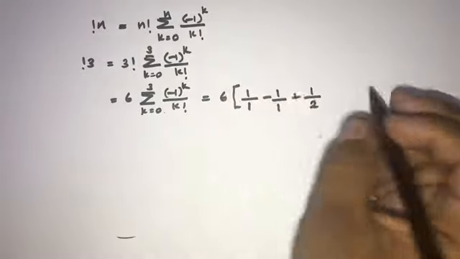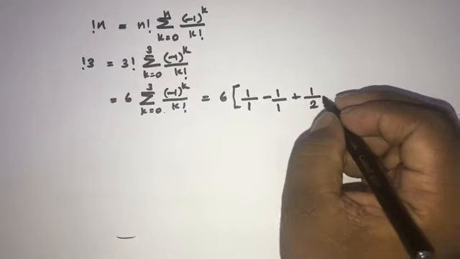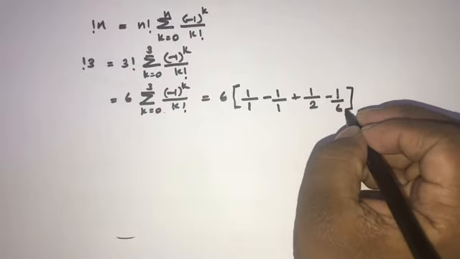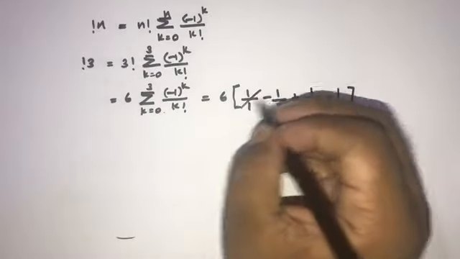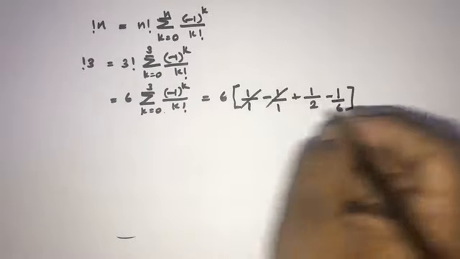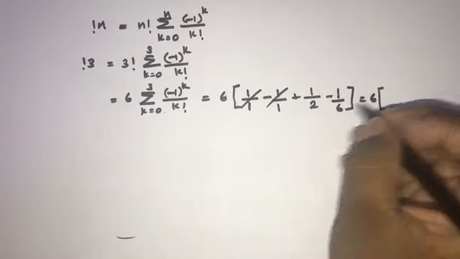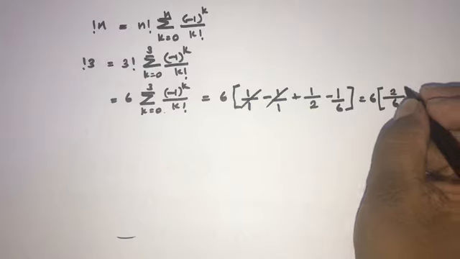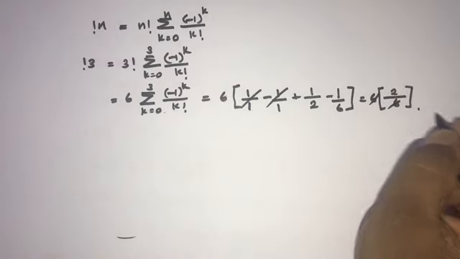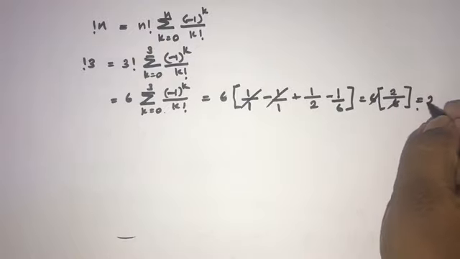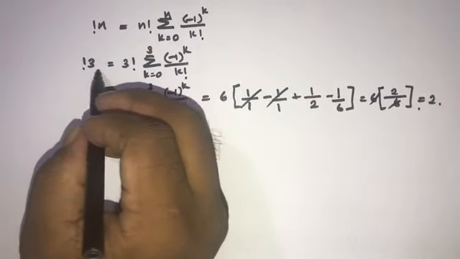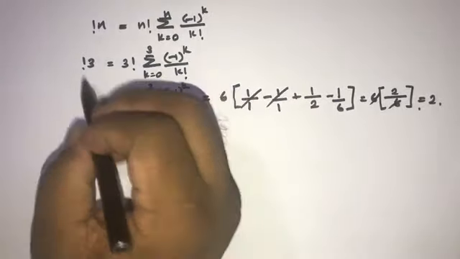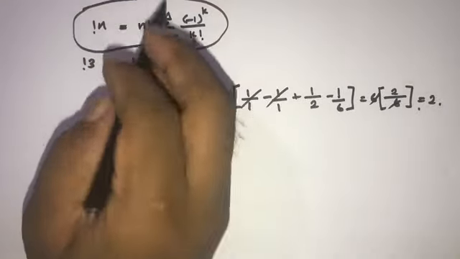Our last term, minus 1 to the third power, so minus 1 over 3 factorial, and 3 factorial is equal to 6. Now the 6s get cancelled, and this is equal to 2. So 3 subfactorial is equal to 2. We can find subfactorial by using this general formula.